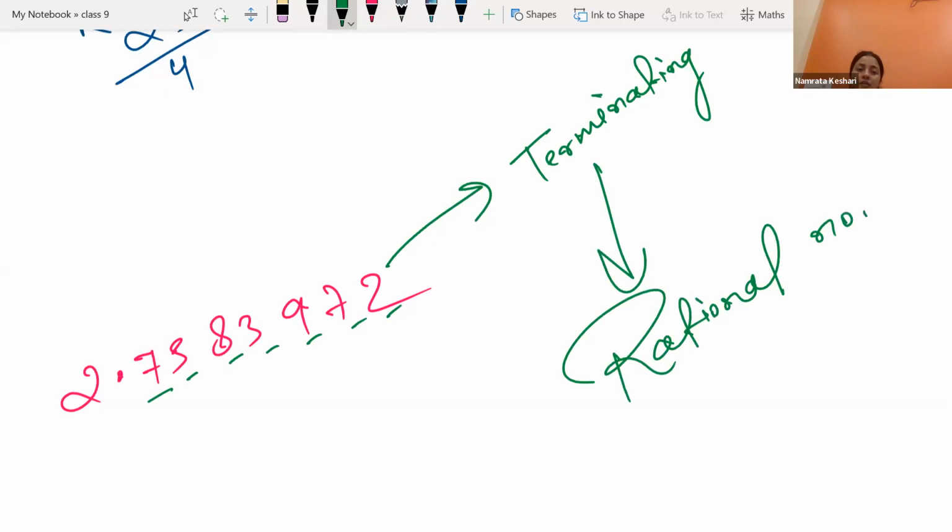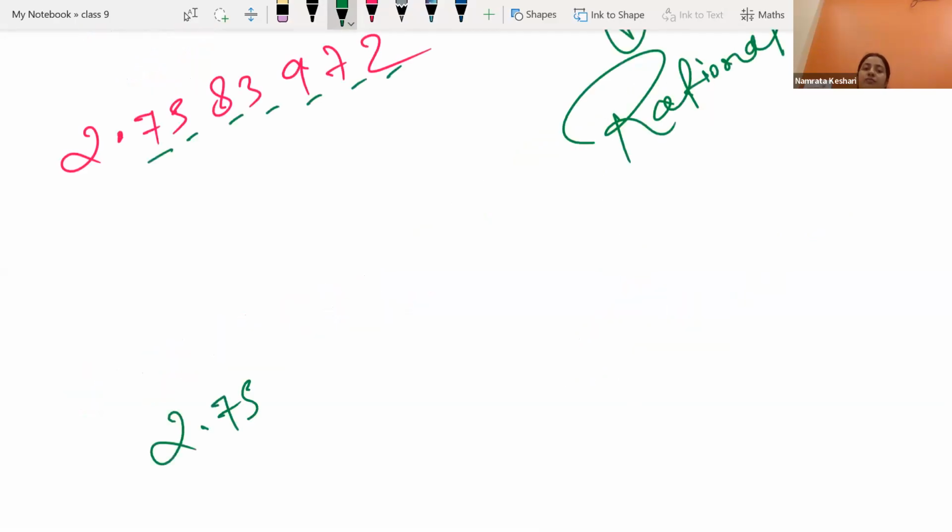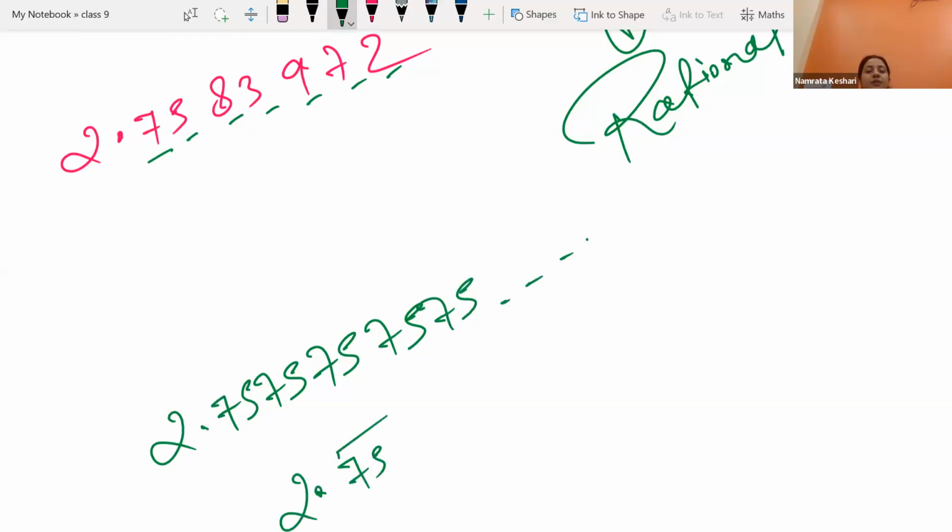Yes, ma'am. Okay. If I write from now onward 2.75, 75, 75, 75, like this, not terminating, you will say it falls in the category of non-terminating. But I am coming to the part that here repetition is there.